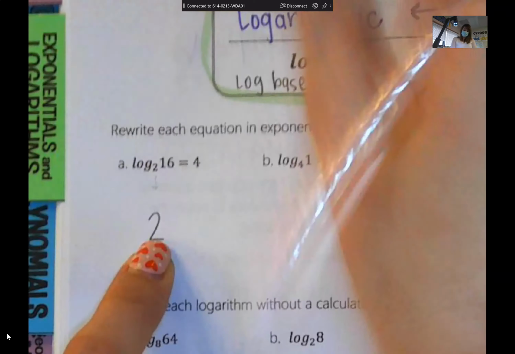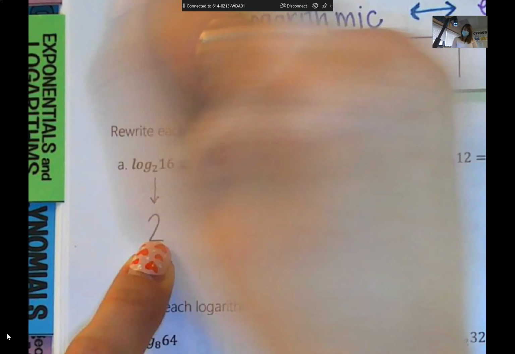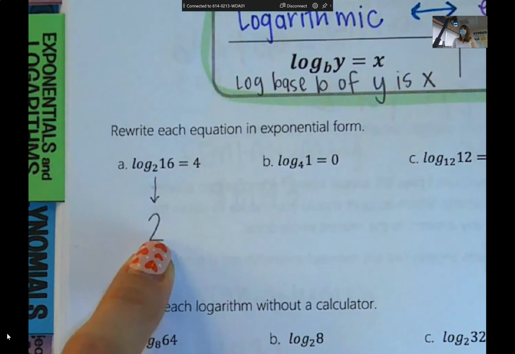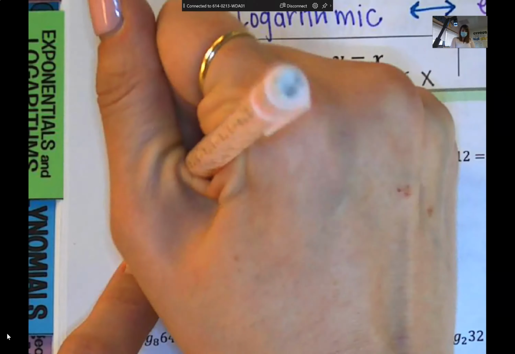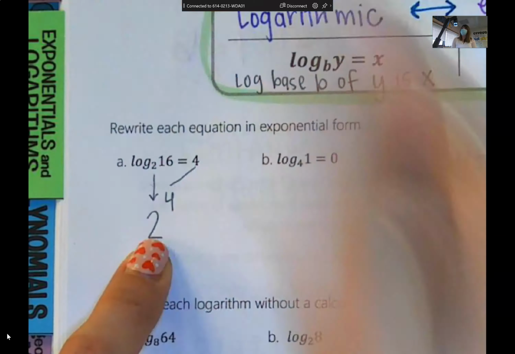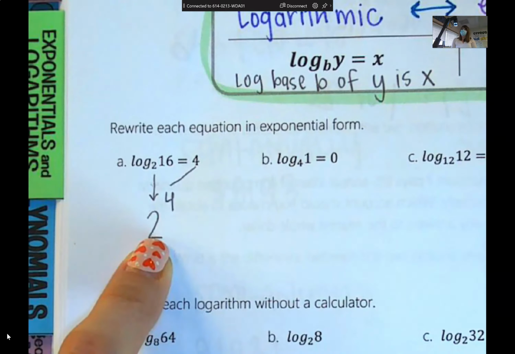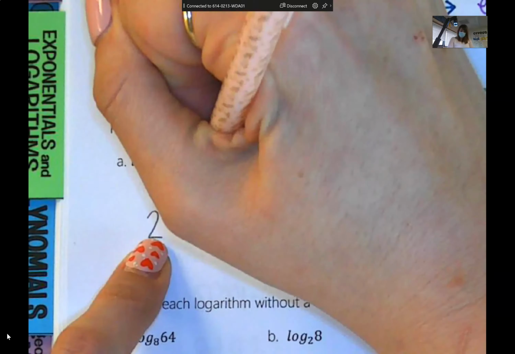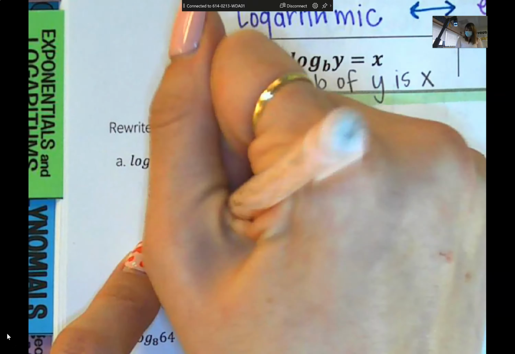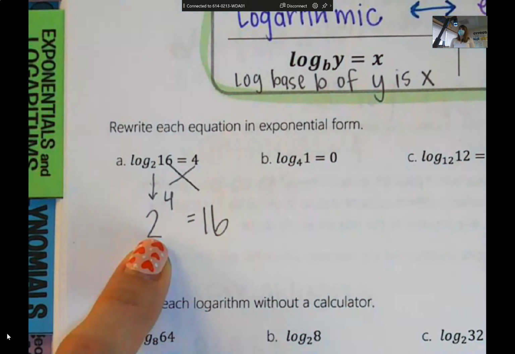So log base 2, that 2 turns into the base of the exponent. Then you do an x, meaning you take this 4, you cross it over to the exponent position. Then you take this 16, you cross it over, and that's what your exponent is equal to.